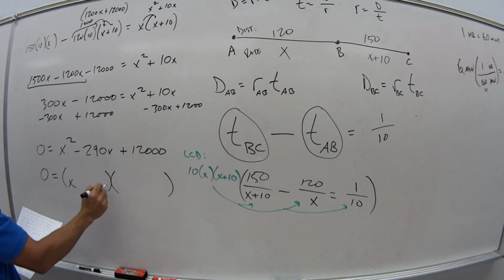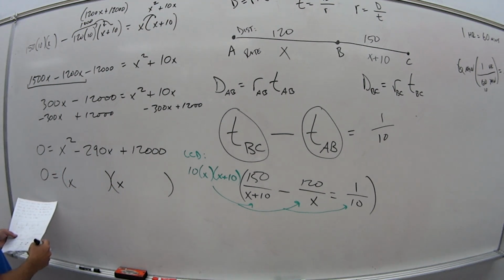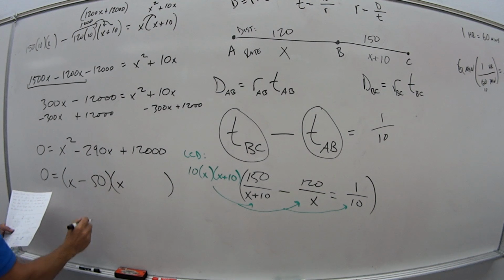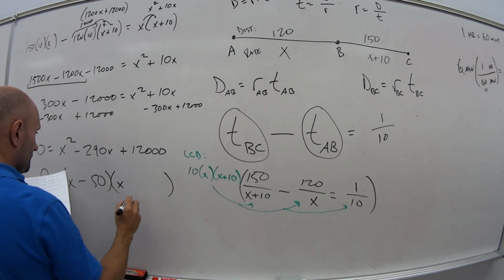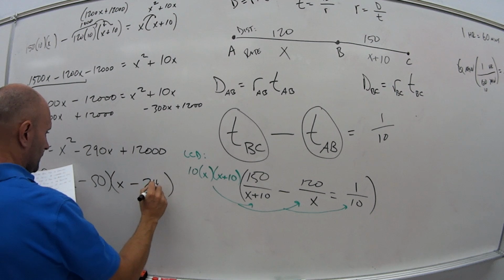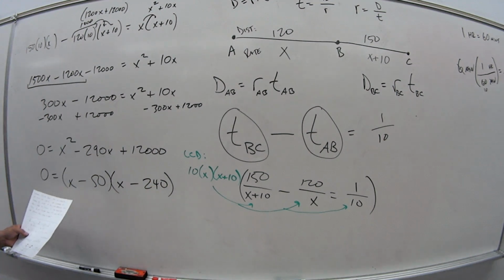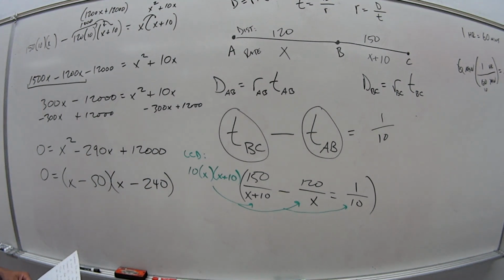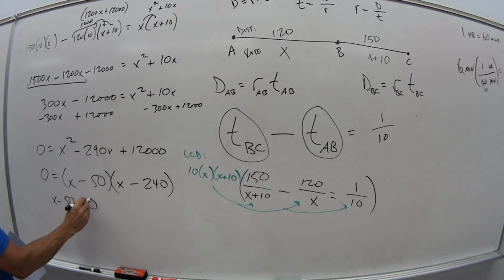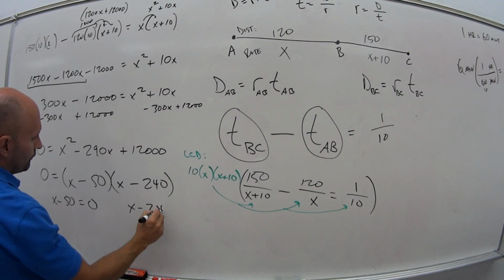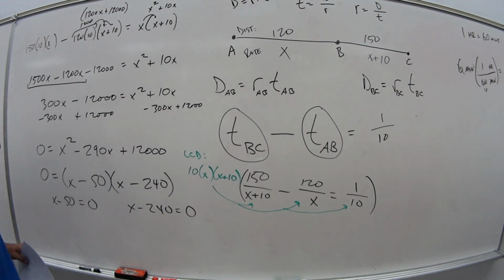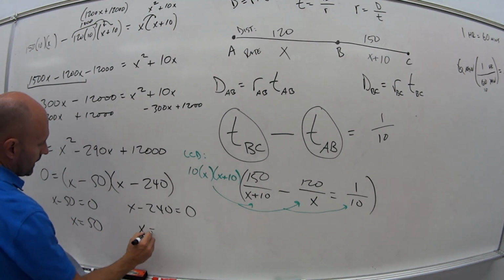But if we try to factor this, this is actually going to give us x minus 50 and x minus 240. So use the zero property rule. X minus 50 is equal to 0. X minus 240 is equal to 0. So that says x is 50 or x is 240.